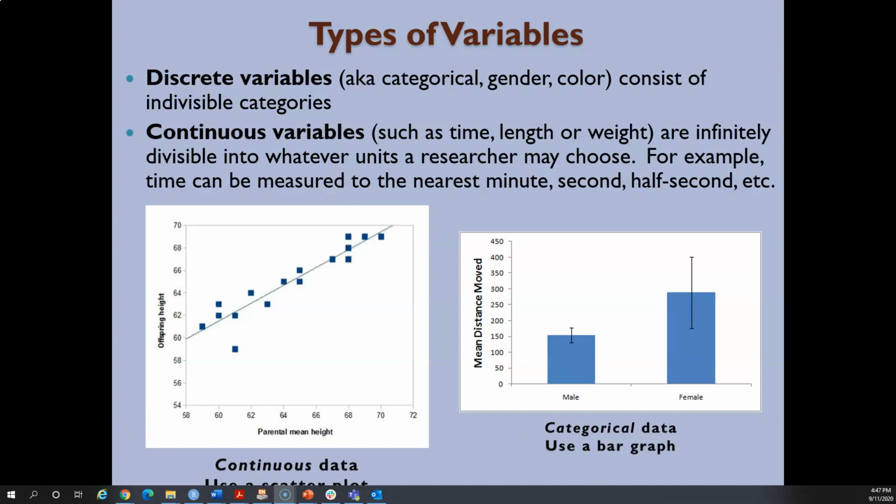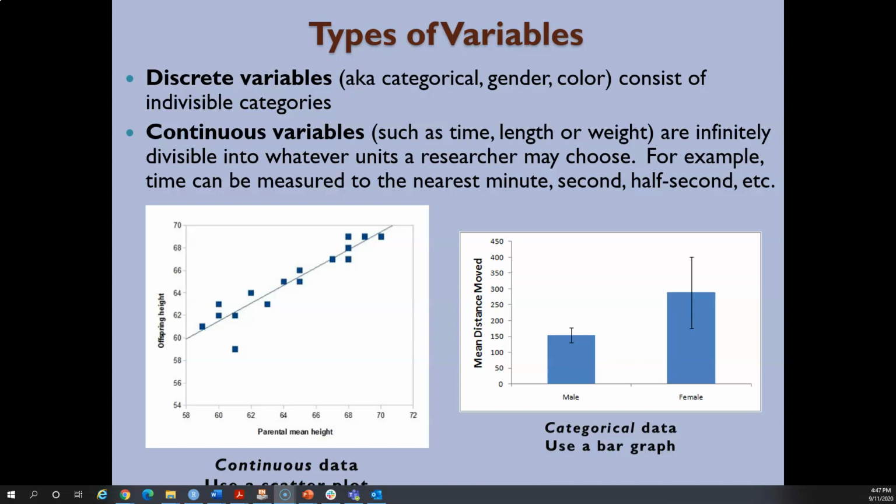Continuous variables are infinitely divisible into a large number of units, as a researcher chooses. You cannot break it into very distinct categories. It's quite intuitive.